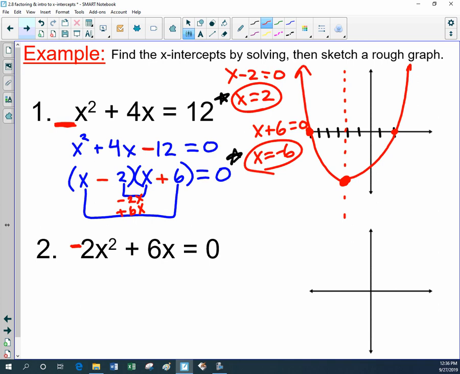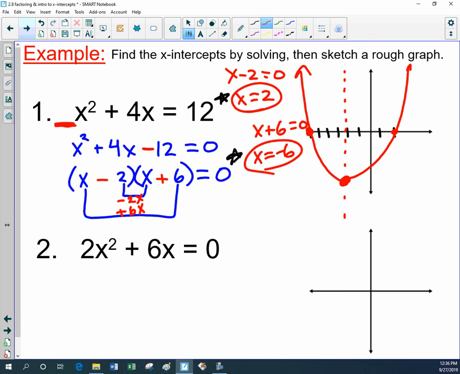But for right now, all I need you to understand is that if this number is positive, we're going to open up. If this number is negative, then we're going to open down. So this one right now, before I even start factoring, I know this is going to open up because this is positive.